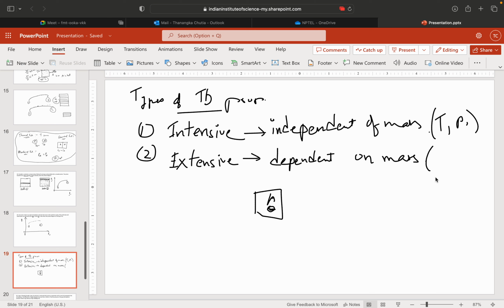Just think, you can think, it is very easy. Specific enthalpy? No. Those specific enthalpies, those are all intensive properties. Those are not dependent on mass.